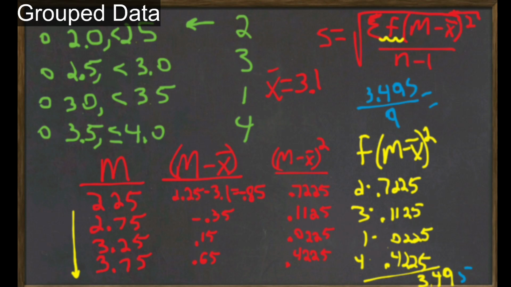Divided by 9, we get 0.3883, and that is our variance. And then the very last step is to take the square root of that, which means we're below 1, so that's going to get bigger, right? And so our standard deviation is 0.623.